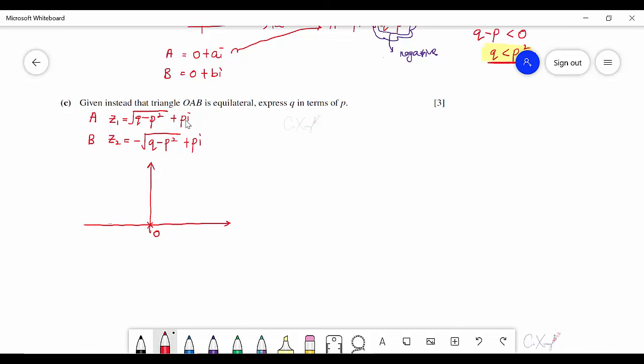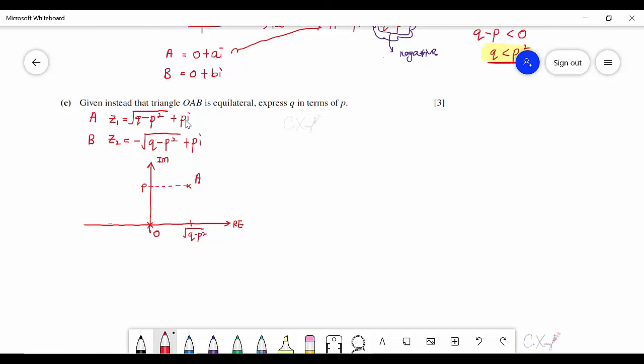So I can label this as square root of q minus p square, and then I'm having a point here, which is the value p. This is imaginary and this is the real axis. So this is point A actually.